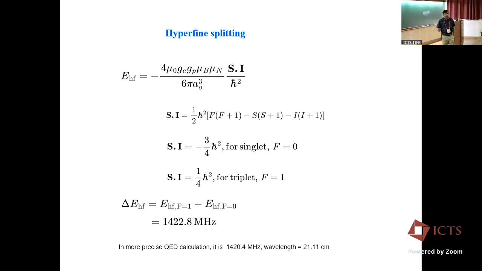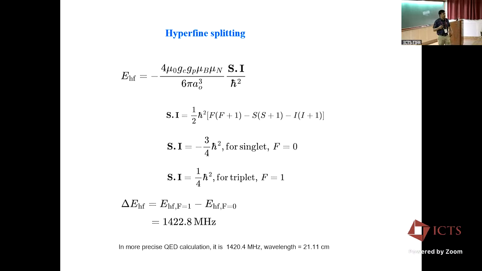So now you see that if I take the difference of energy between the two hyperfine levels, that is delta HF, that is the difference between the energy of the triplet state and the energy of the singlet state. If you use the same expression and put in all the values of the constants, you will get something like this, 1422.8 megahertz. But if you do a more precise calculation using QED, it comes out to be 1420.